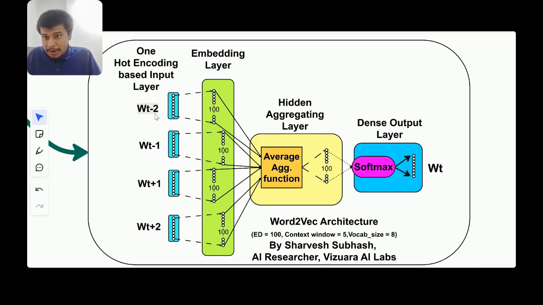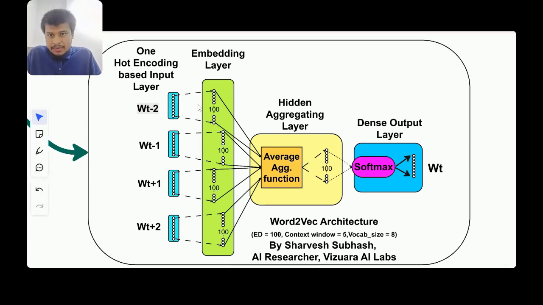We represent these words in one hot encoded, 1 cross 8 dimensional format. Don't assume that since it is in vertical format, it will be a column vector. In reality it is actually a row vector instead of a column vector.